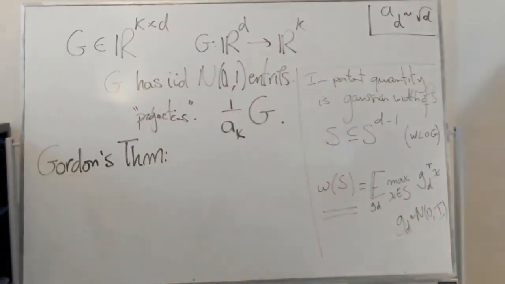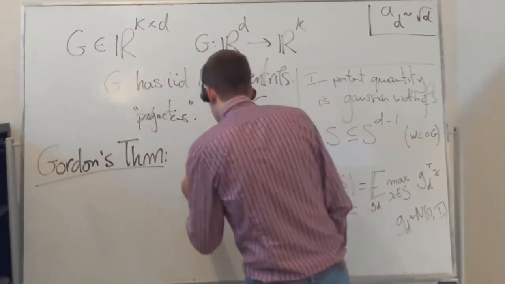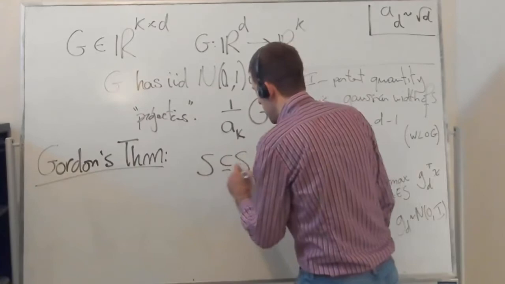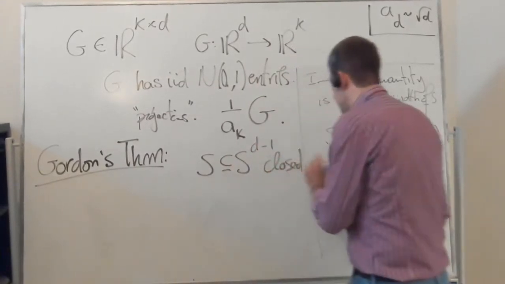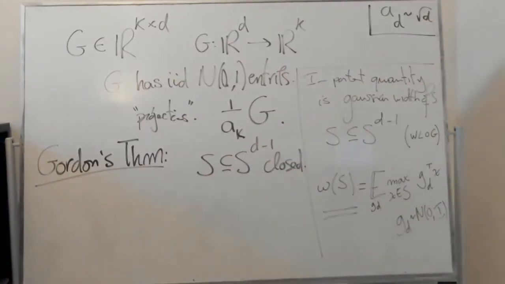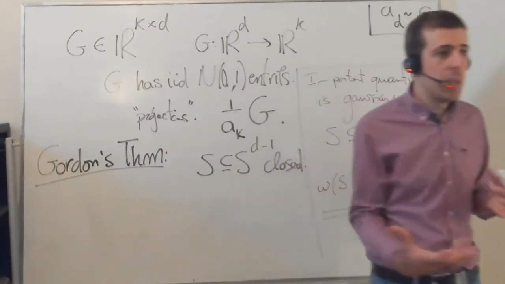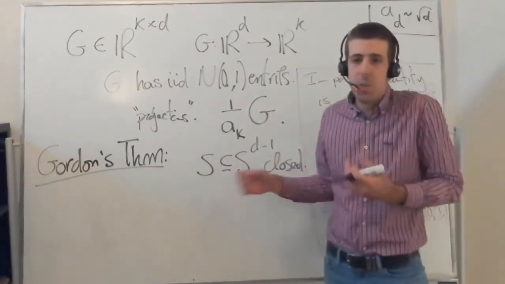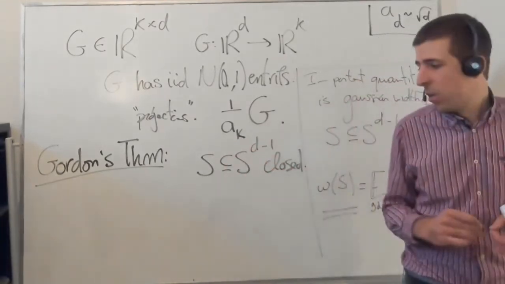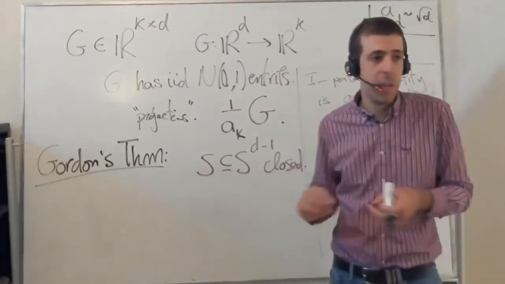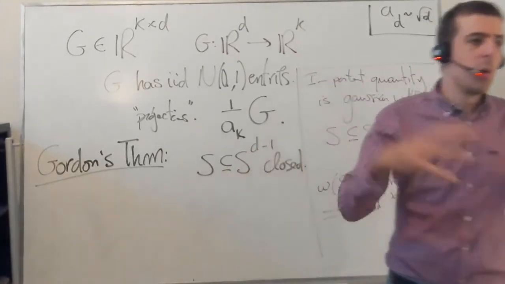Okay, so Gordon's theorem says the following. It says if I take a set S inside the sphere, closed, this is just a technical requirement. Remember, if you keep the norm of vectors in a set S, you keep the norm up to multiplicative constants, the same ones, of any vector that's a multiple of a vector in S. So really, you're not just doing a subset of the sphere, you're doing the whole cone.